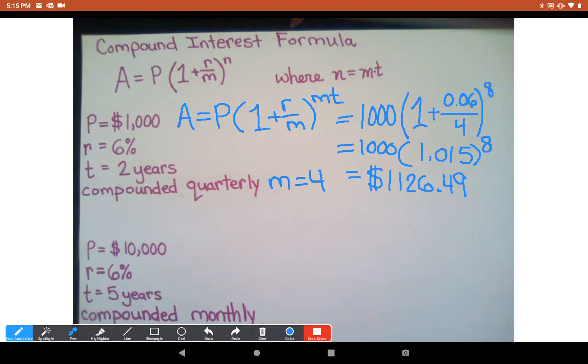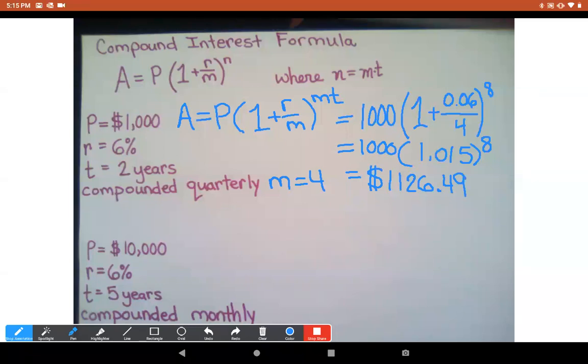So after 2 years, in this account that's compounding quarterly, we'll earn $126.49 because that's how much has been added to our account.